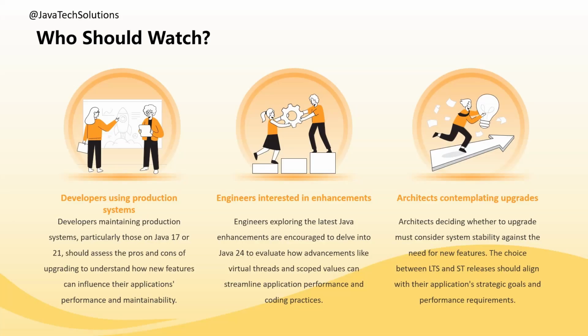Engineers exploring the latest Java enhancements are encouraged to use the new features of Java 24 to evaluate how advancements like virtual threads and scoped values can streamline application performance and coding practices.